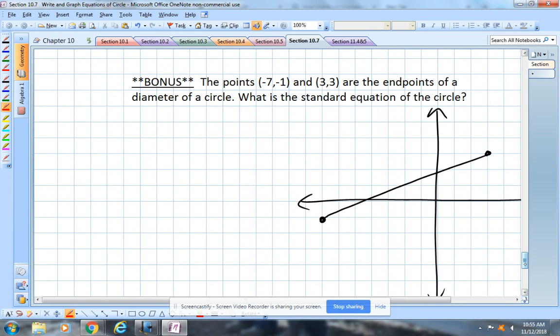How do you think I can get the center? I could if this was a horizontal or a vertical line, because I just can't count units on this diagonal line. To find the center, I don't know how far to go over.